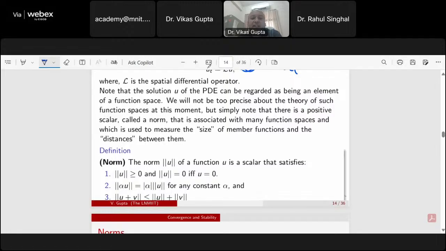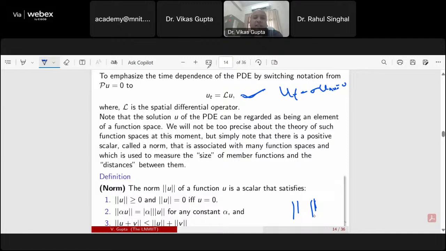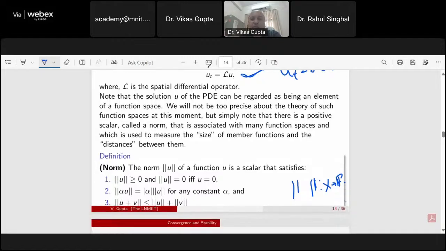So if any function from the function space to R satisfies these three properties, then it is said to be a norm. In this way we can define the norm.